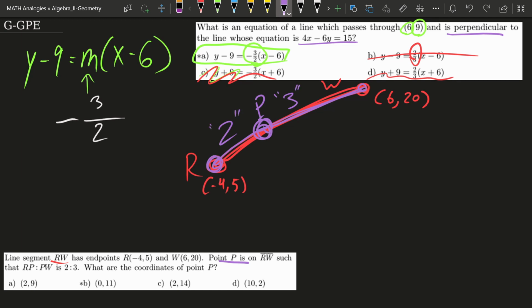So, what are the coordinates of point P? Let's consider first the x value. So, we're going from an x value of -4 way over to a positive 6. And how many steps are we taking? 1, 2, 1, 2, 3.